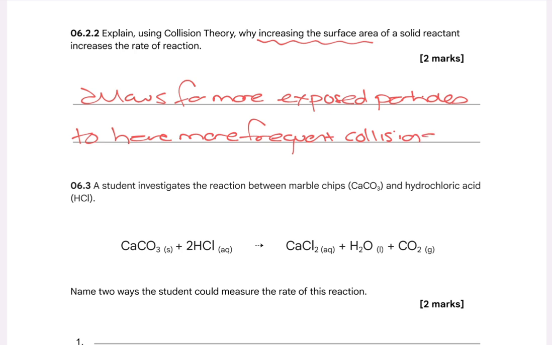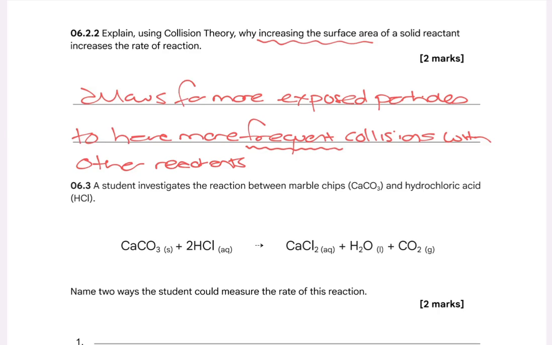And importantly, what we'll also state here is more frequent collisions with other reactants. So if you've got A and B, if you've got a larger surface area of A, it allows it to collide with more particles of B. And remember, we're also putting the idea of time in here. We're putting more frequent collisions.